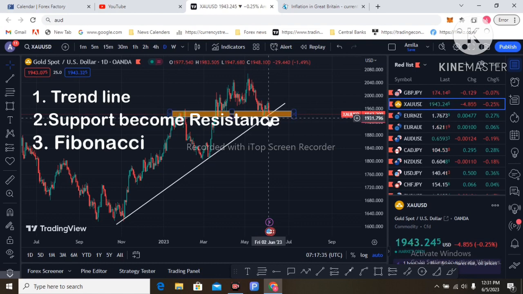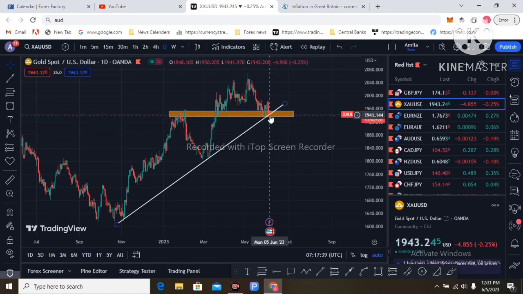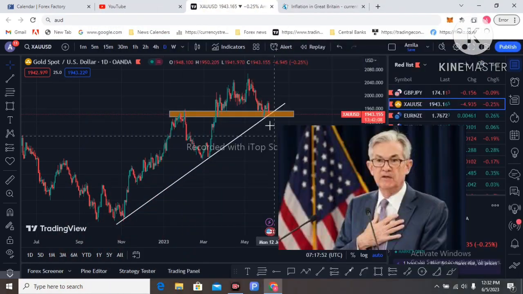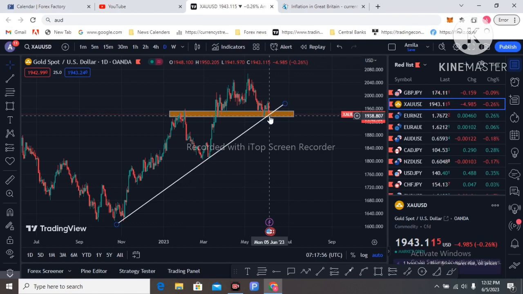So this has 3 strong technical reasons to buy gold in this area, but you can't buy at this level if you haven't got fundamental economic data reasons to buy here. So you should update the fundamentals and economic data for gold.